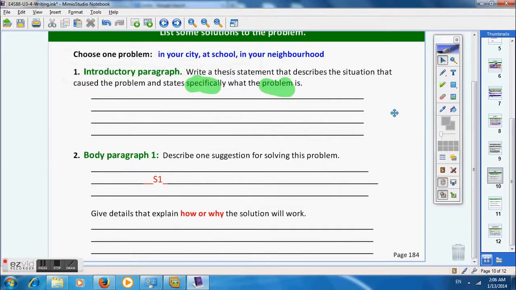So let's review again. State the problem, maybe in your city, at school, or neighborhood, the place that you stay now. And then in paragraph 1, suggest a solution, and give details that explain how or why the solution will work.